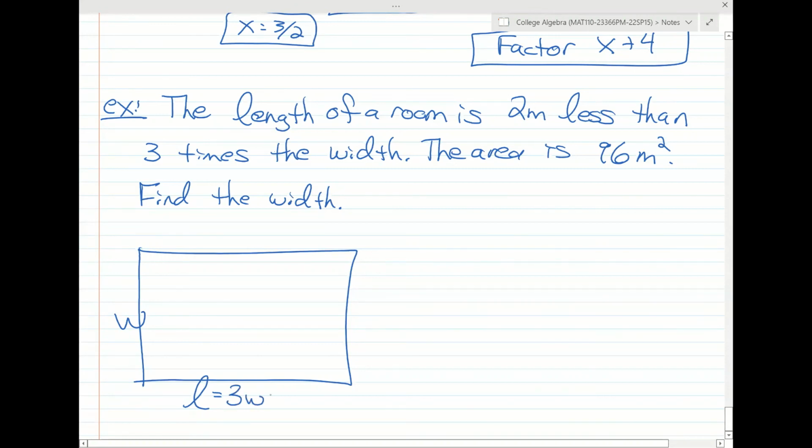So 3 times the width minus 2, right? Area would be length times width. And the area would be 96. And that would equal the length times the width.